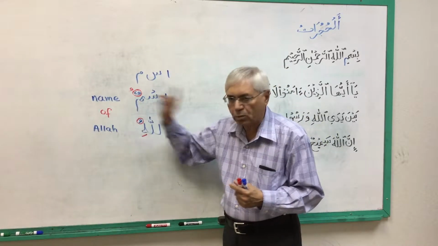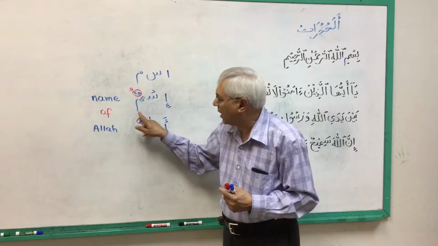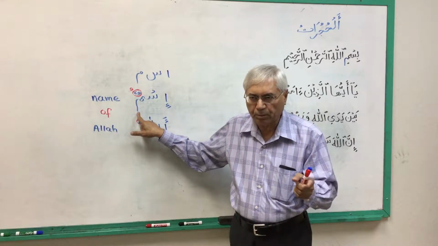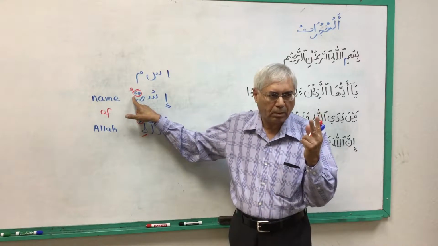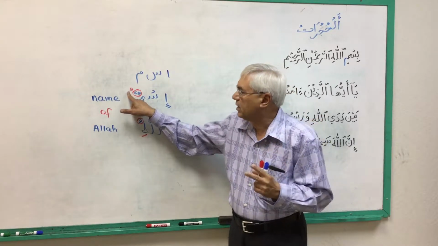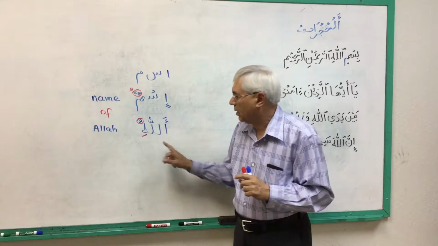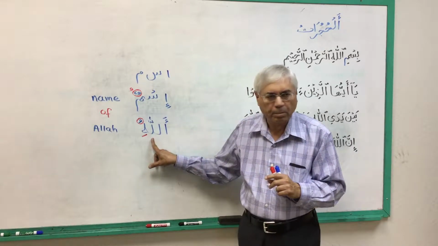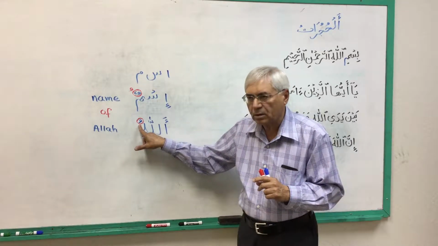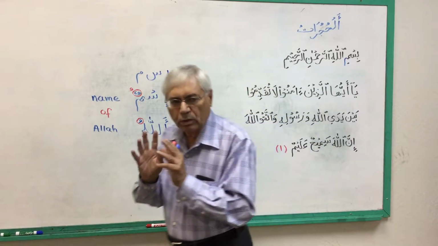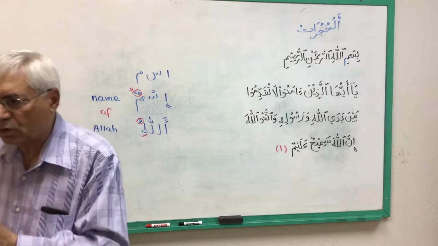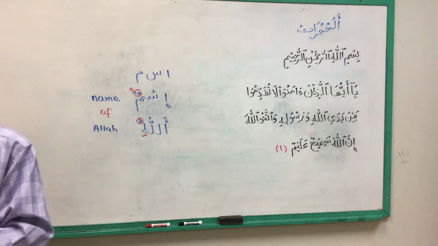Look at the first word, look at the last letter, which is mim. Then look at the harakat, the two dhammas, and change that into one. Then look at the second word, and change the last letter's dhamma into a kasra. So now the words became ismu Allahi.